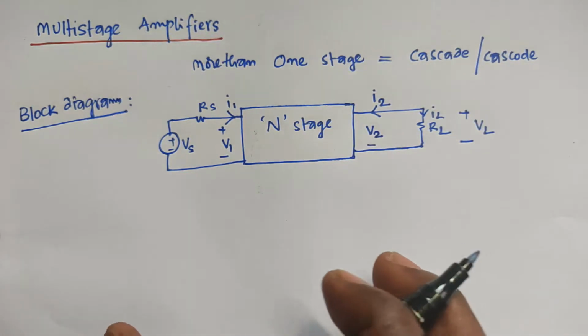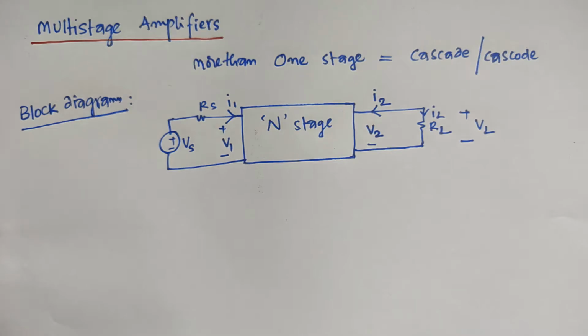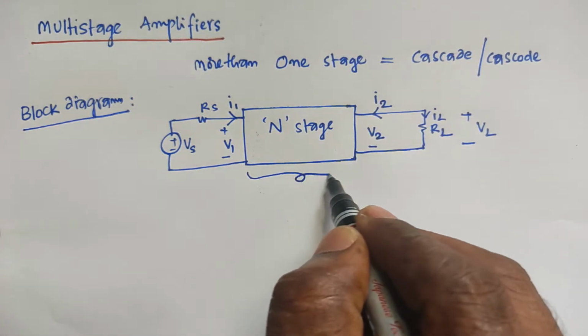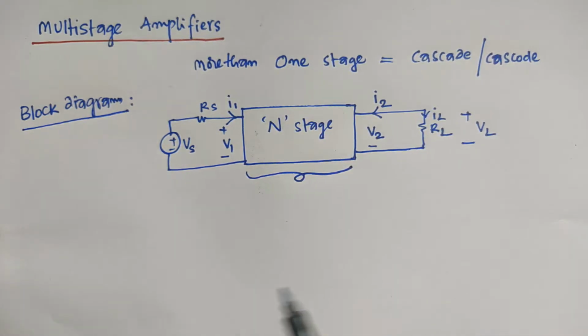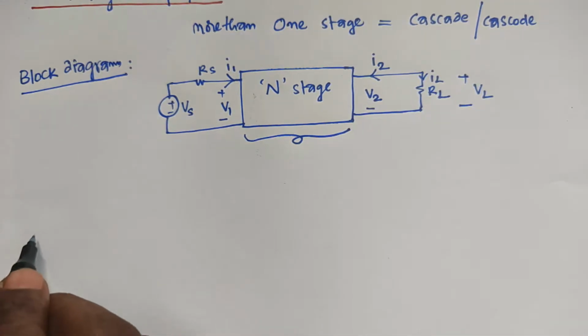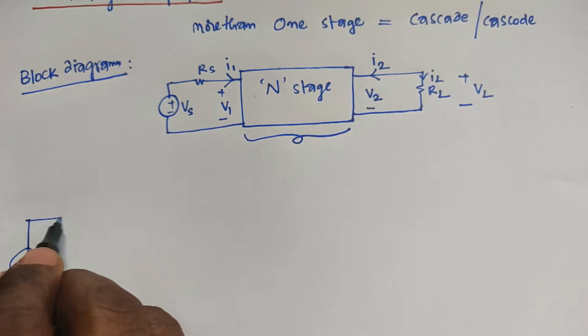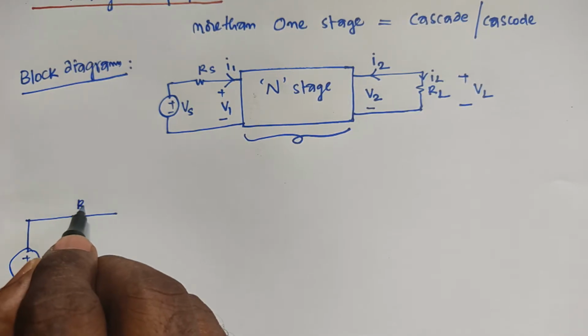So within the basic block diagram, we are going to introduce more than one stage. As it is, the source is Vs and the source resistance is Rs.